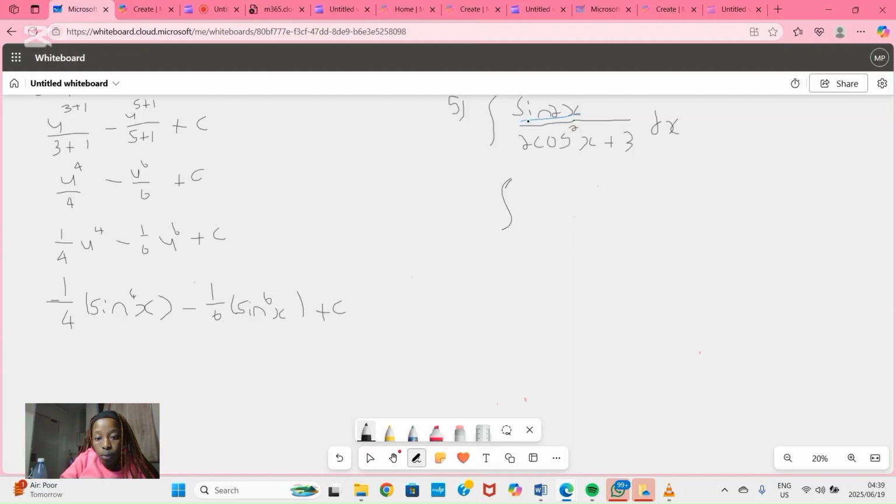we'll have 2 cos x sine x over 2 cos squared x plus 3.